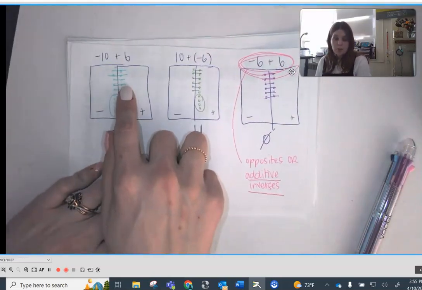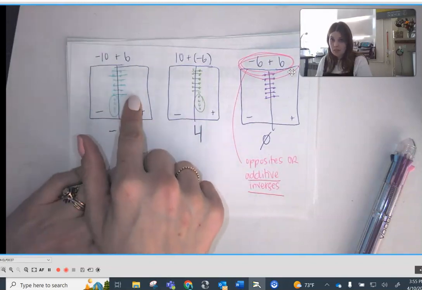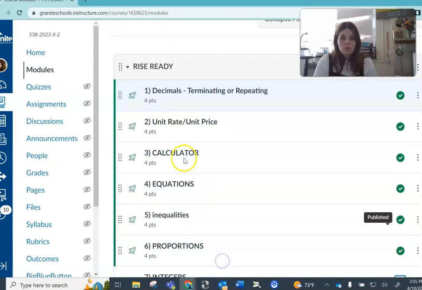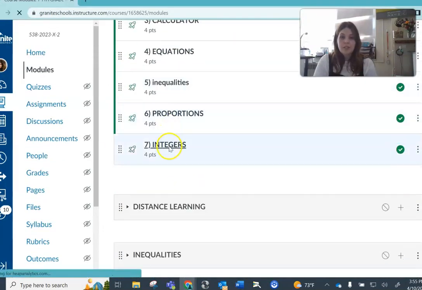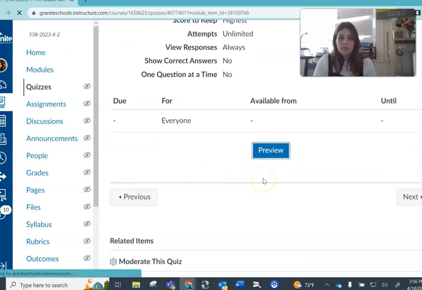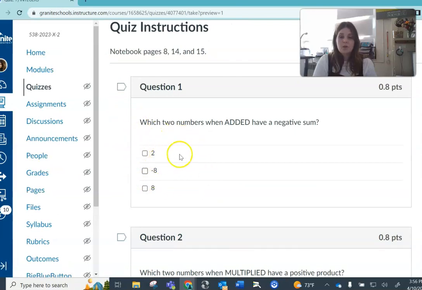And with combining, more positives, you get a positive answer, more negatives, you get a negative answer. This is now related to question 1 on your integers review quiz. Question 1 says, which 2 numbers, when you add them together, will be negative? So you are selecting the combination where you have more negatives than positives.